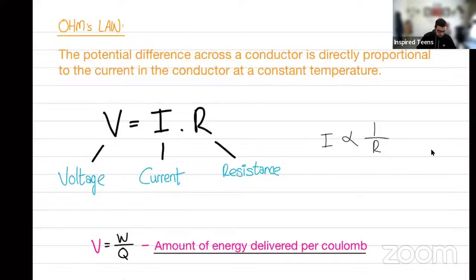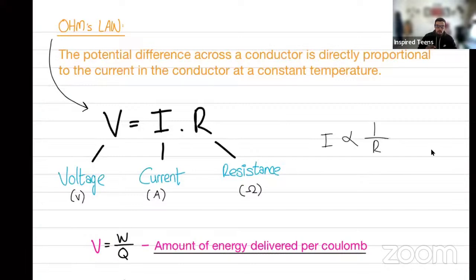Ohm's law gives us the following equation: V is equal to I times R, where V is voltage measured in volts, I is current measured in amps, and R is resistance measured in ohms, and that's the symbol for an ohm.